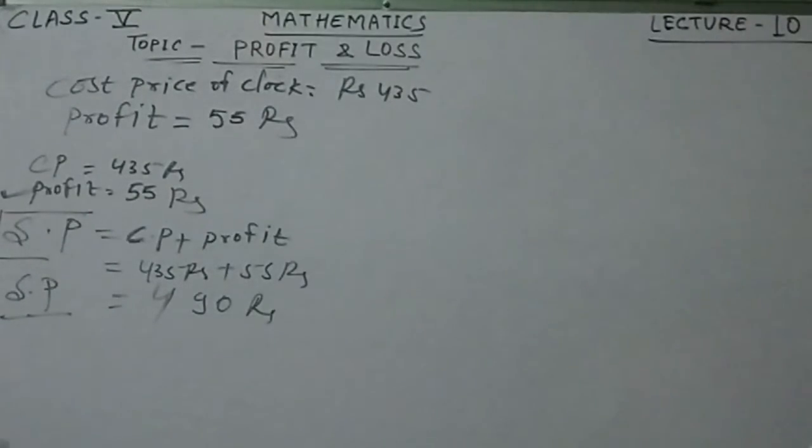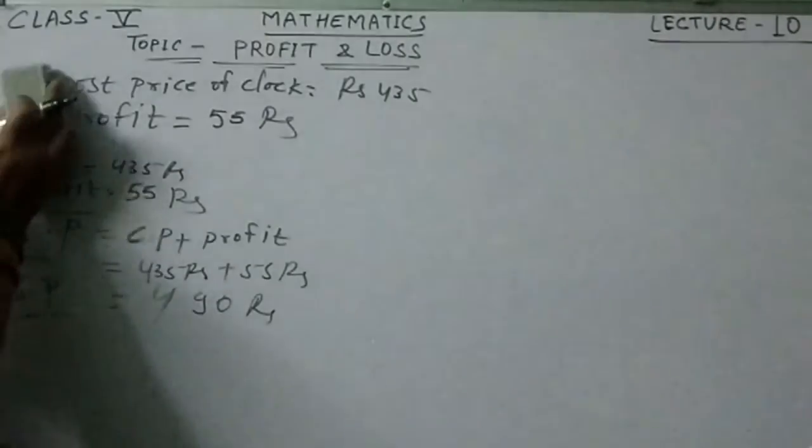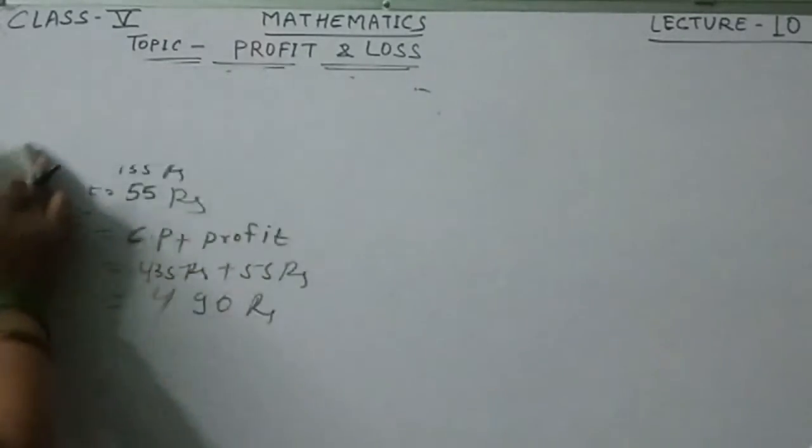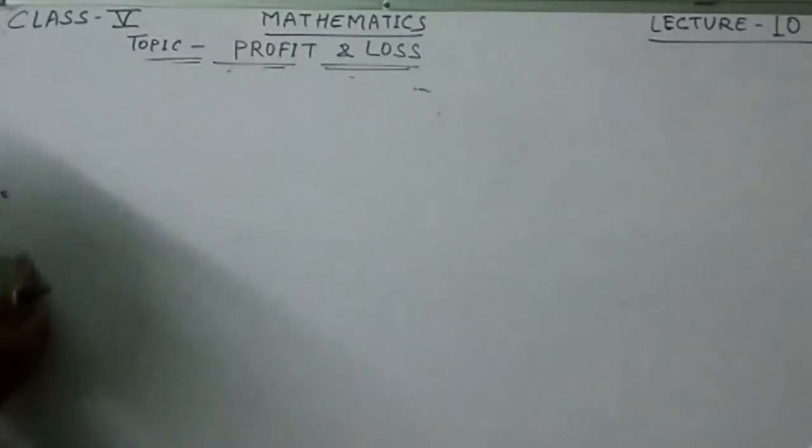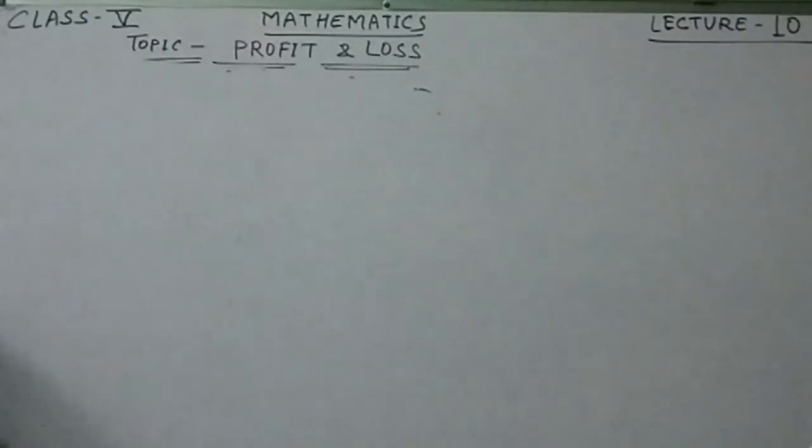See one more question from your book. Suresh sold a fan. Listen carefully. Suresh sold a fan for rupees 895. Sold means what is given there? Selling price. 895 means selling price.